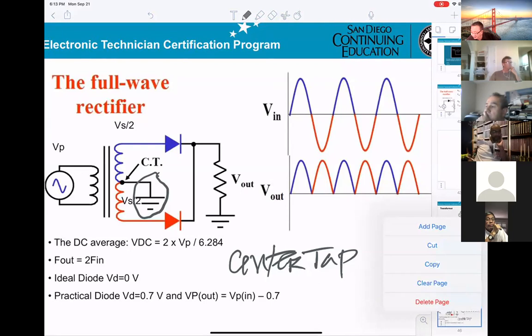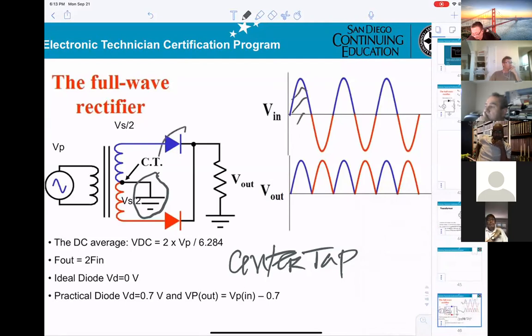The only thing is, if you get a positive pointer here, which diode is on? This one will be on, right? This one will be off. So that's why the positive comes out. When they get a negative, you see the other side here.